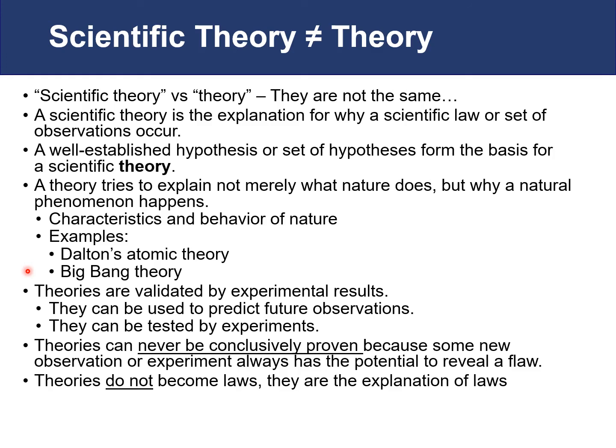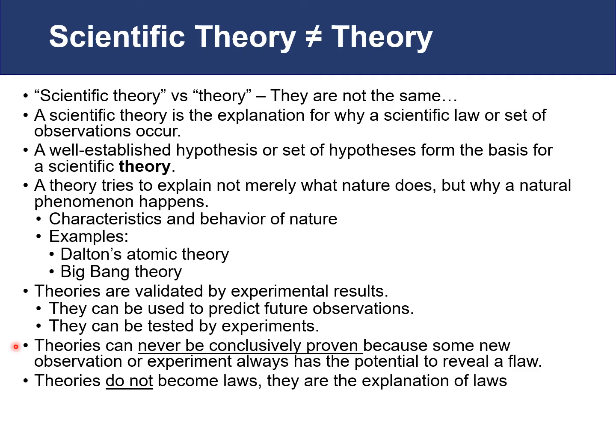They explain why things happen. Theories themselves are validated by experimental results. They can be used to predict future observations, and they can be tested by experiments. Theories themselves can never be conclusively proven because new observations or experiments are always possible, which could reveal a flaw.